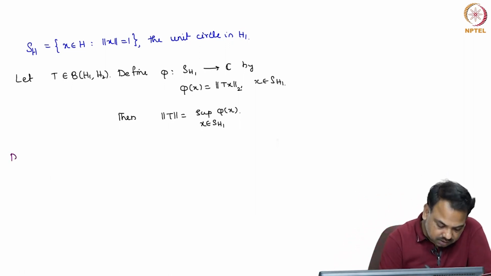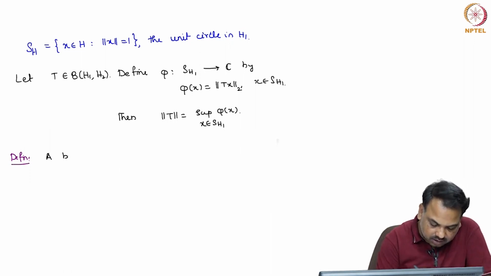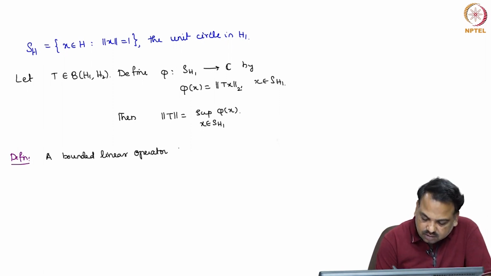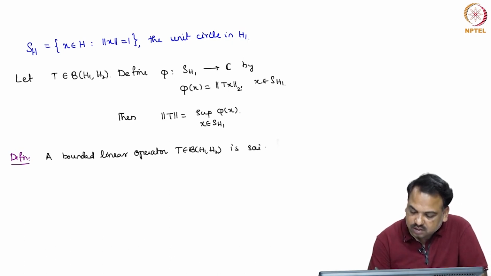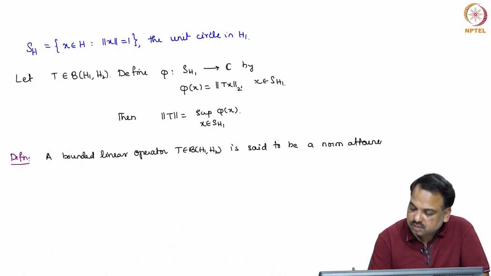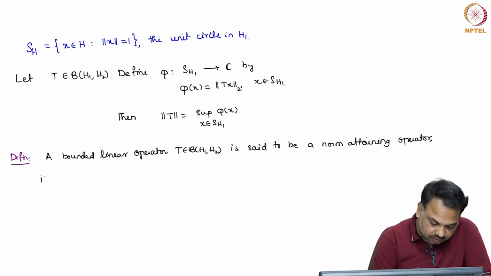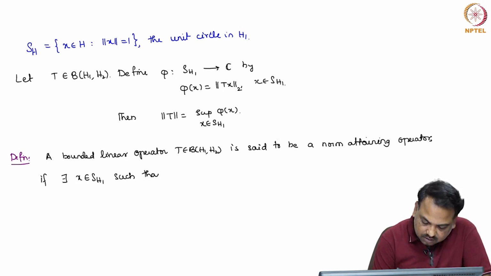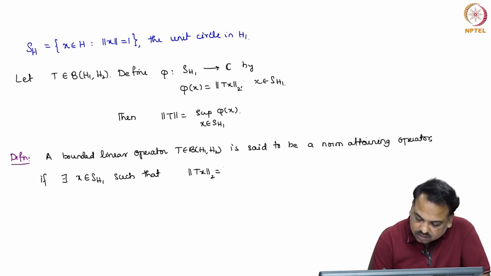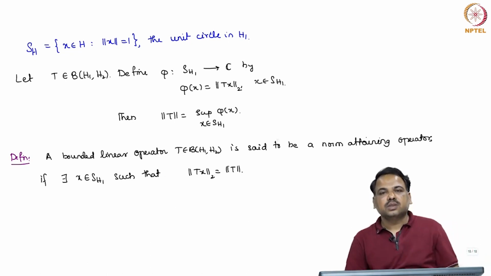So, definition: a bounded linear transformation or operator is said to be a norm attaining operator if there exists x in the unit sphere of H1 such that norm Tx is exactly norm T. That means the norm is attained at the supremum.